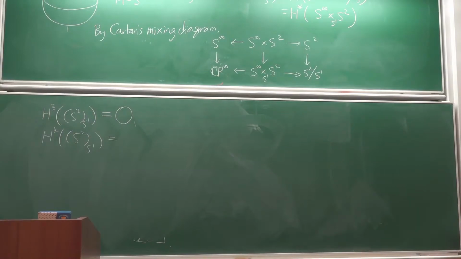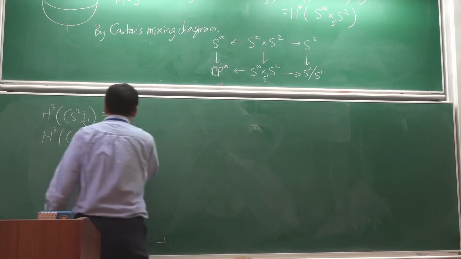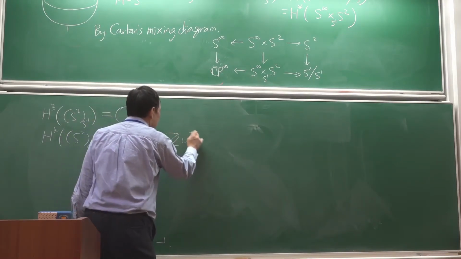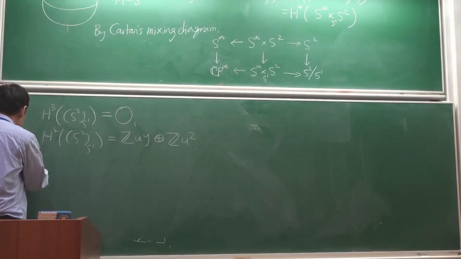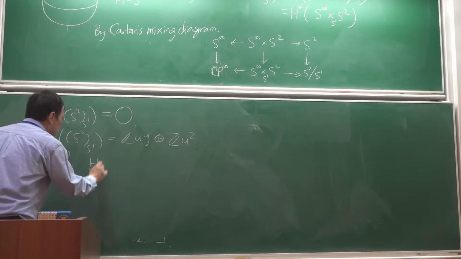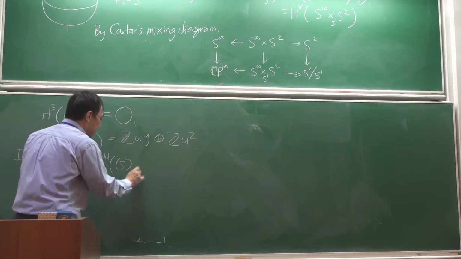ZUY direct sum ZU squared. Yeah, so in general, you see that in the odd degree, it will be 0.